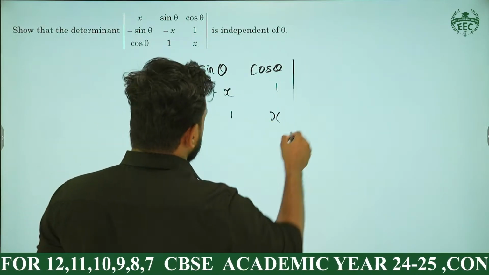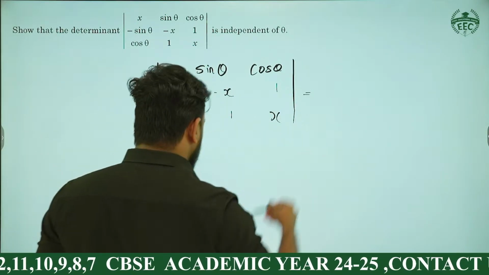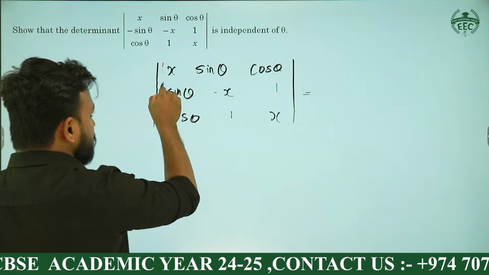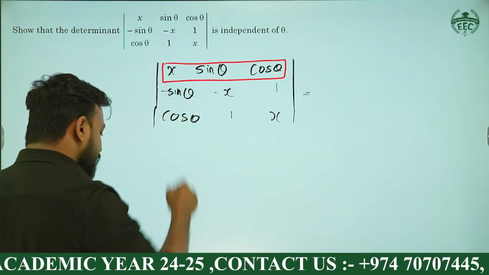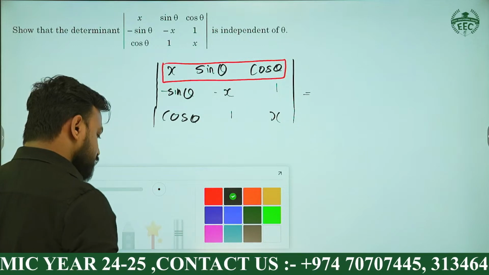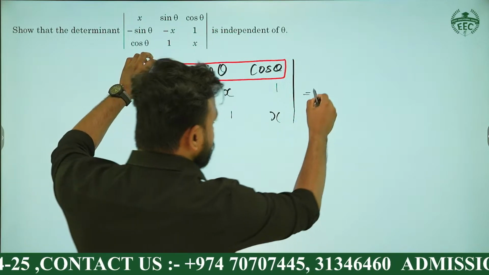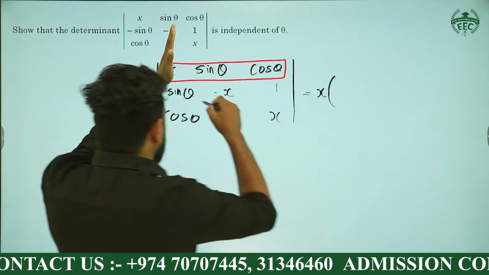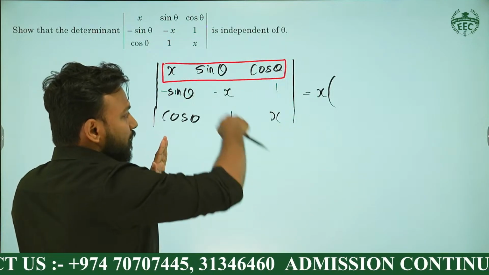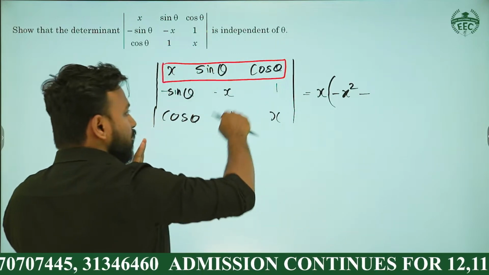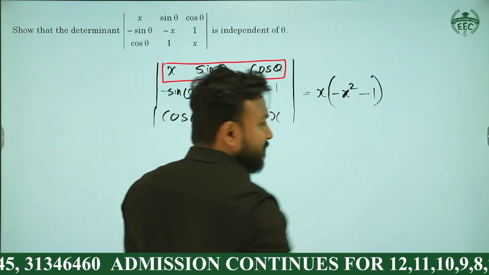That's all. I'm expanding this determinant with respect to the first column. Then what you will get? The first element is x, right? X. And I'm eliminating this column and this row. Minus x into x become minus x square, minus 1 into 1 become 1.